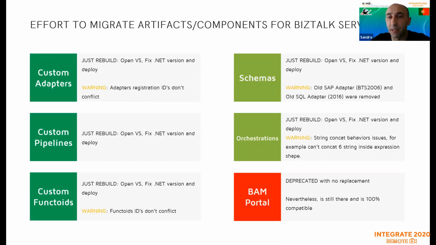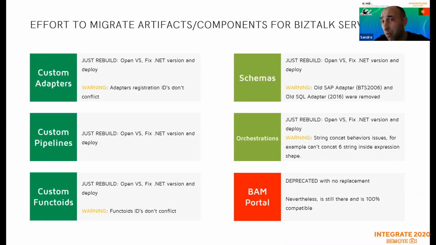So SAP adapter and SQL adapter were removed, so the generated schemas you need to regenerate, but that's the adapter's fault, not the schema itself. Orchestrations, I just found in 2013 a small issue about string concatenation inside an expression shape. The rest is just build and deploy.